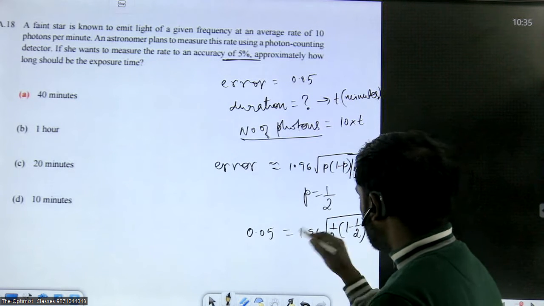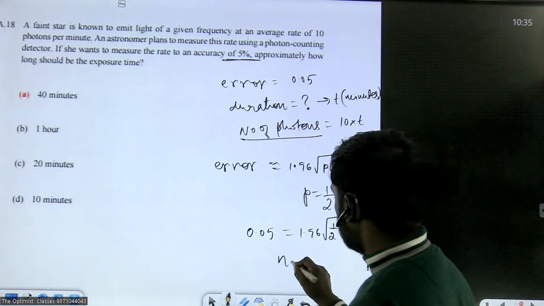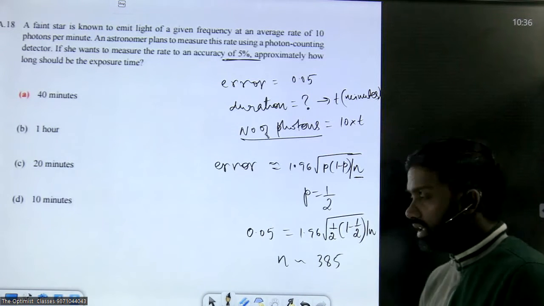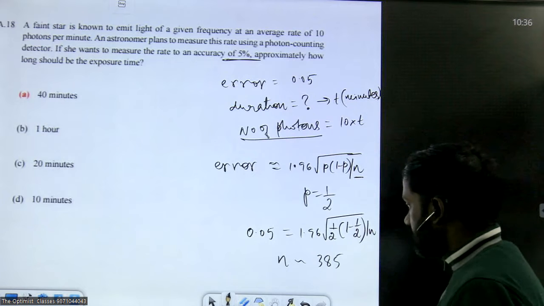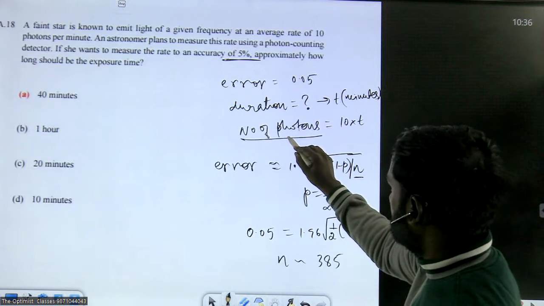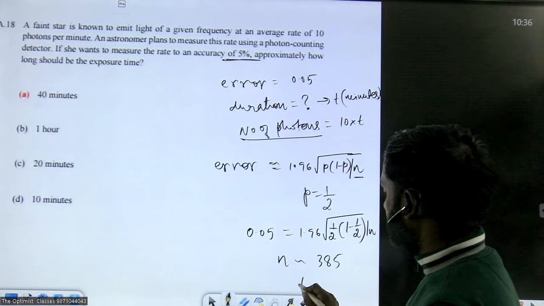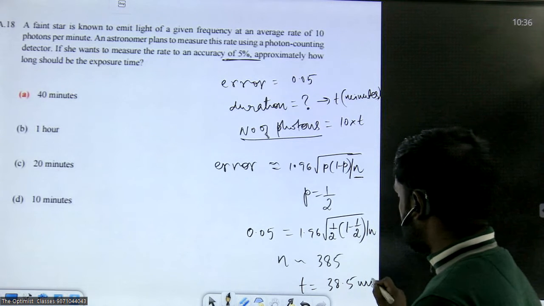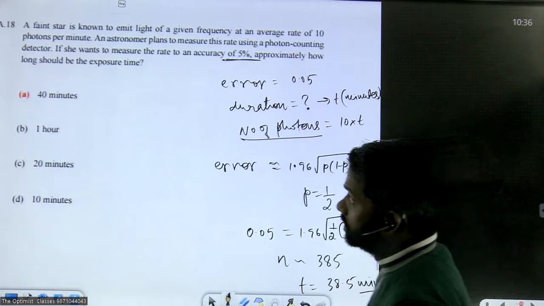If from here you calculate n, it comes out to be around 385. You can check. So this is n, the number of photons. So if you put 385 here, then t you are going to get is 38.5 minutes, which is close to 40 minutes.